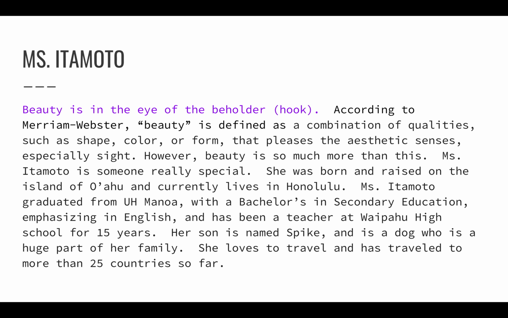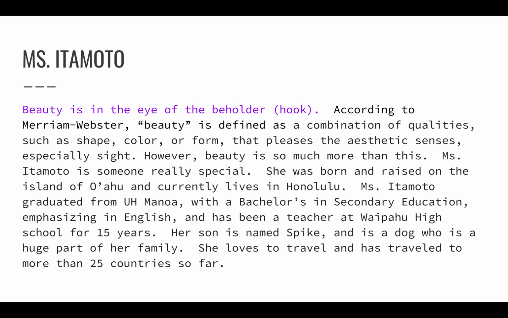According to Merriam-Webster, beauty is defined as a combination of qualities such as shape, color, or form that pleases the aesthetic senses, especially sight. Okay, so that acts as a transition statement. That's why we put that there, because we just mentioned what beauty was.